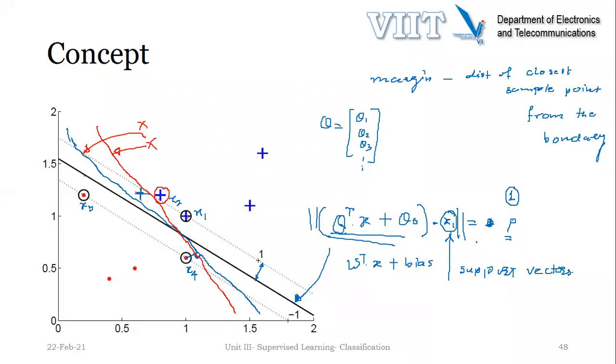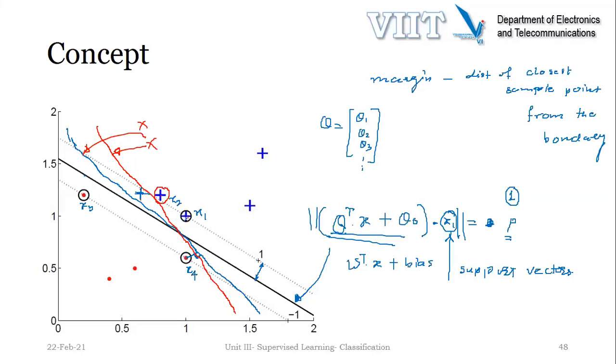Now why are they called vectors? Because x1, x2, x3 could be vectors. Now we are finding the dot product. We are finding the distance between these two.